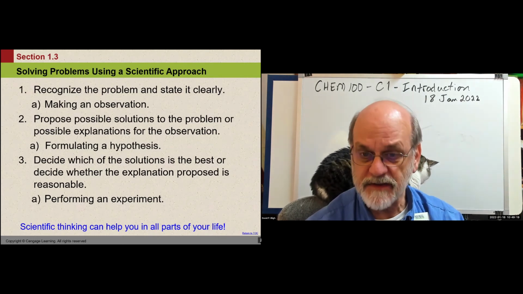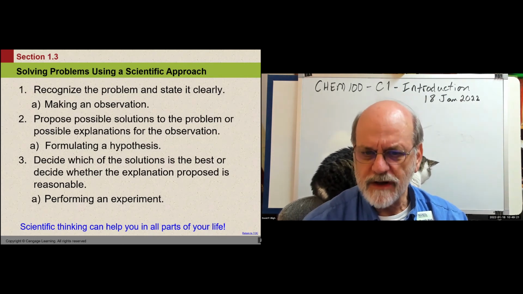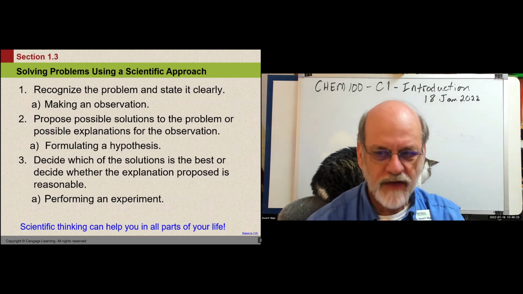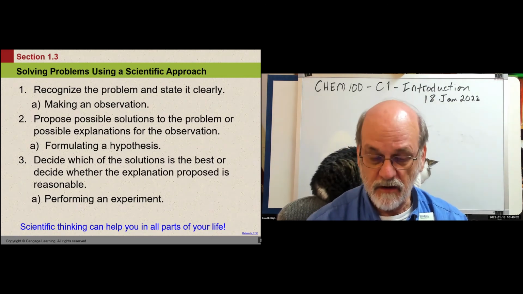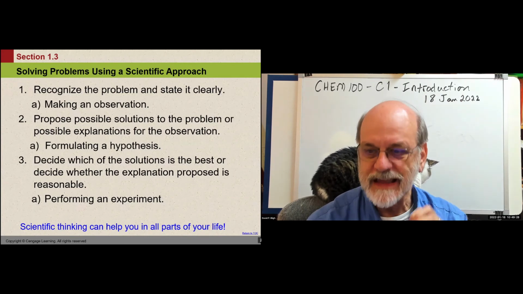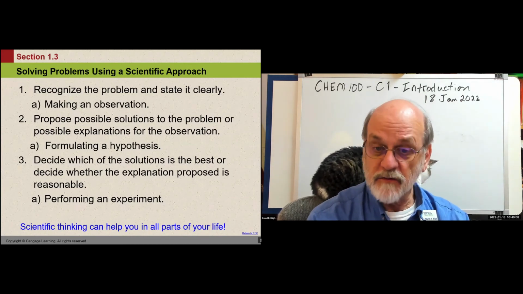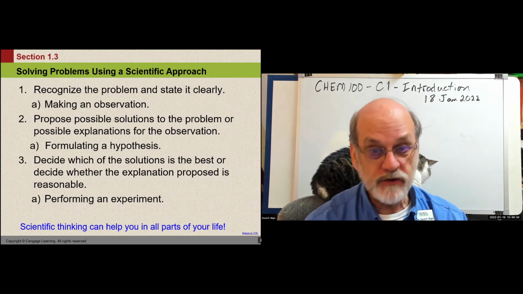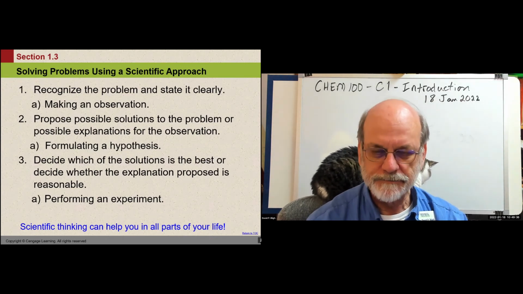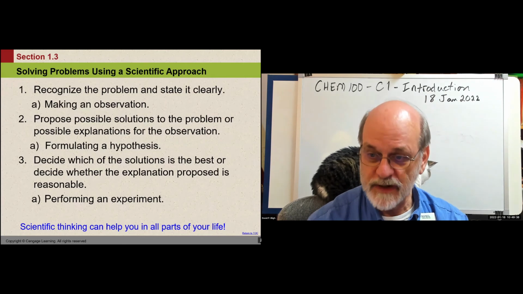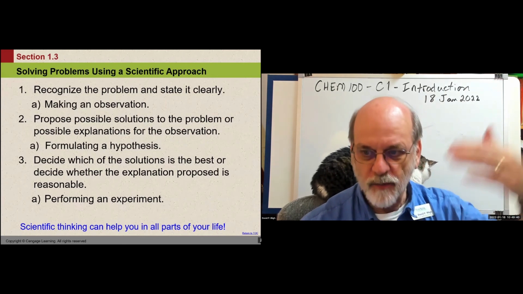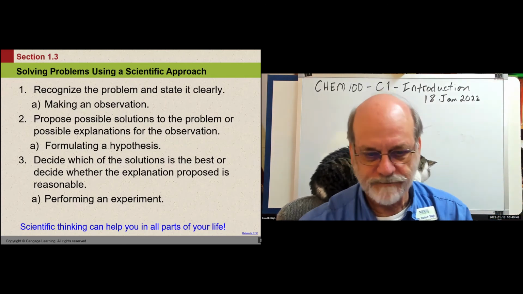But in the scientific method, we try to approach every hypothesis without prejudice. In other words, every hypothesis is equally valuable. Now, some of them prove to be wrong. In fact, most hypotheses prove to be wrong. It's the ones that prove to be right that help science to advance.